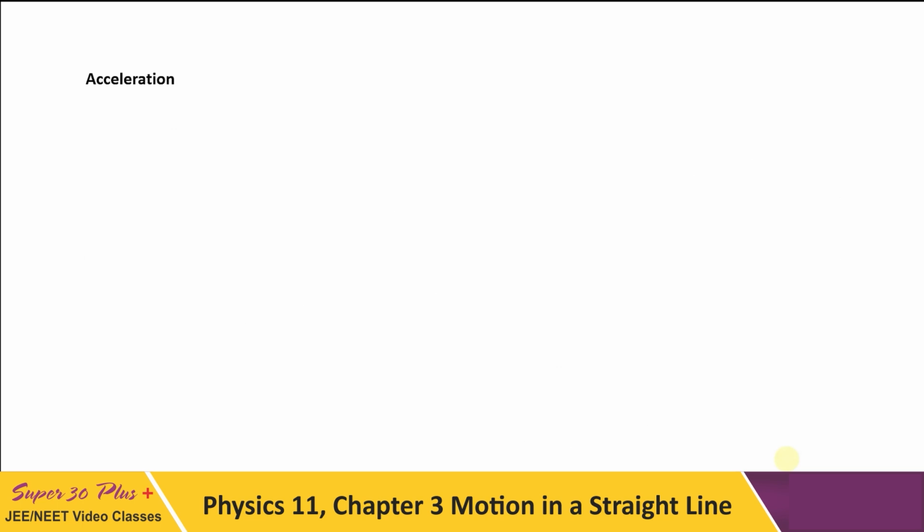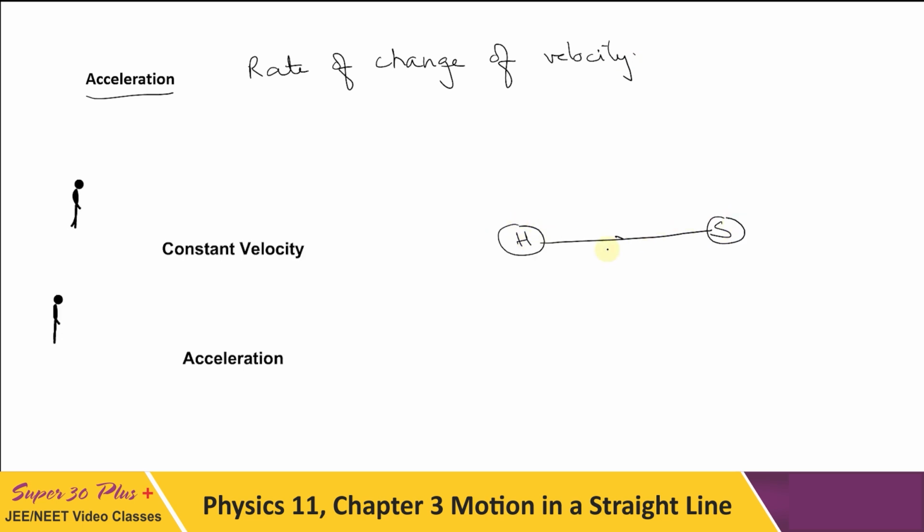The next kinematical term is acceleration. Acceleration is rate of change of velocity. If you go from your home to your school, whether through a straight line or through some curved path, whatever be the path taken, generally it is not possible that you will continuously move with the same speed.